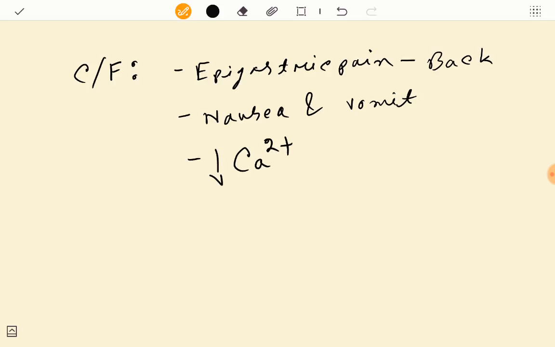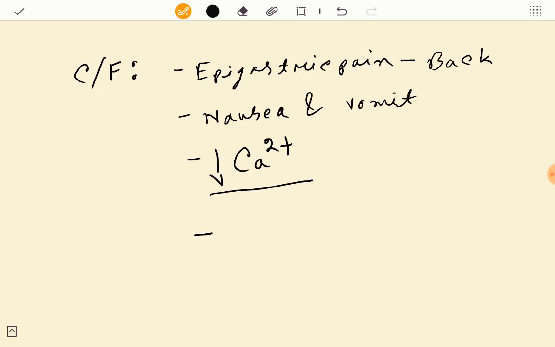It almost affects the whole pancreas and the pancreatic fat. Two types of necrosis will occur. One is liquefactive necrosis, when the necrosis occurs in the pancreas itself, and when it occurs in the peripancreatic fat tissues, then fat necrosis will occur. So, decrease of calcium level.